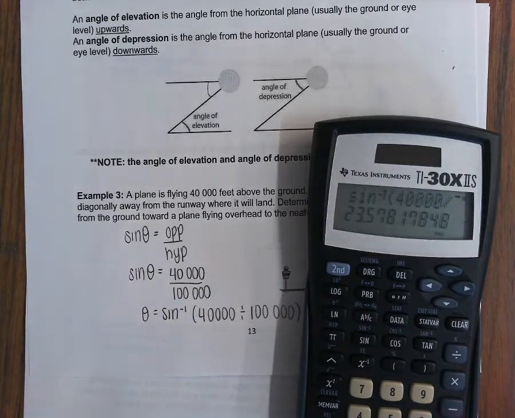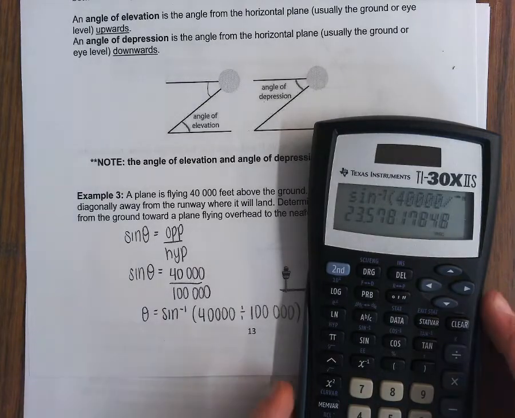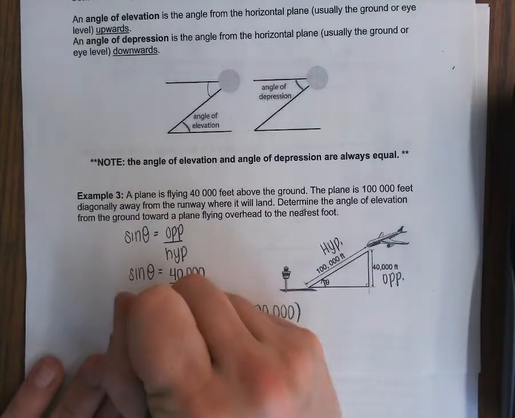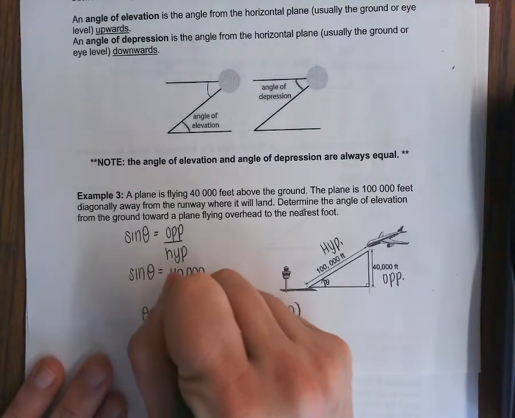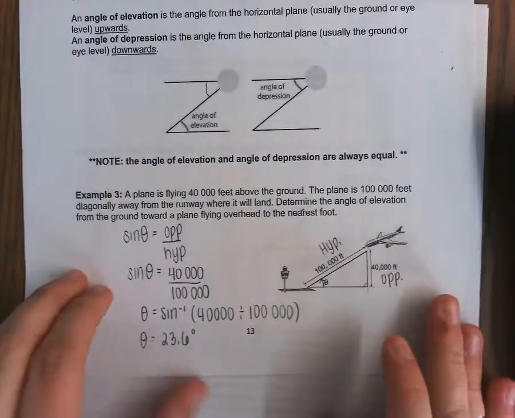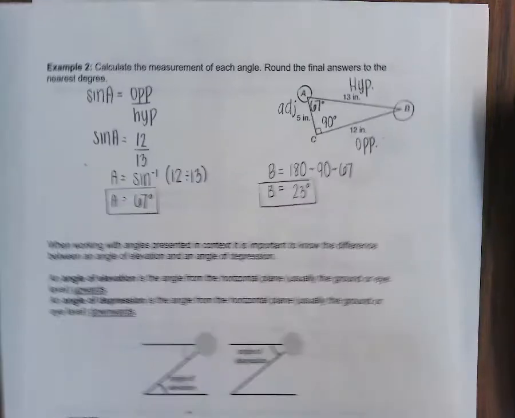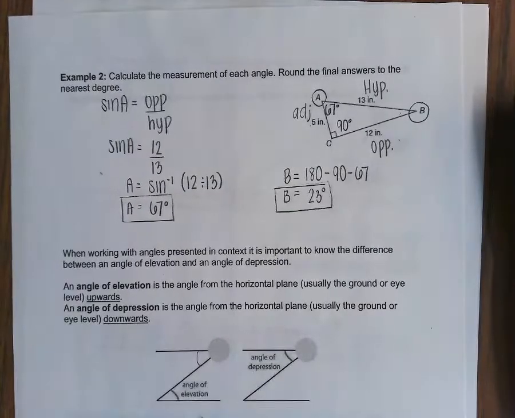I get an angle of 23.6 degrees. So that is how to solve for an angle using primary trig ratios.